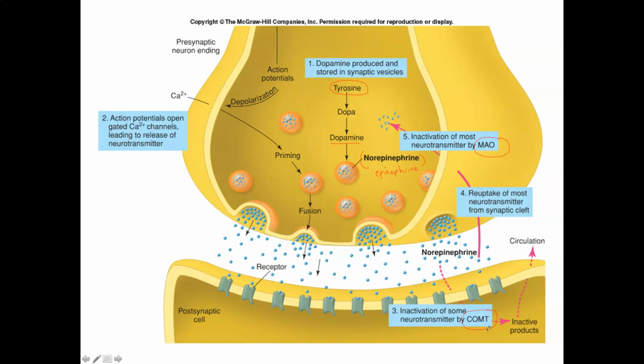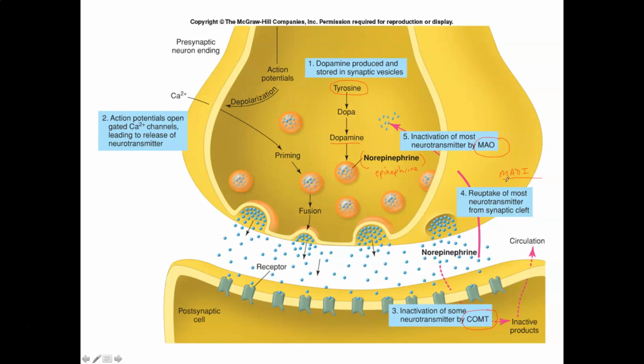Clinically, we use this information. For example, we have what are called MAOIs. When you see I after something, typically you want to think inhibition. So if it's an MAOI, we're talking about monoamine oxidase inhibitors. Monoamine oxidase inhibitors allow us to increase the amount of norepinephrine that's in the synaptic clefts.